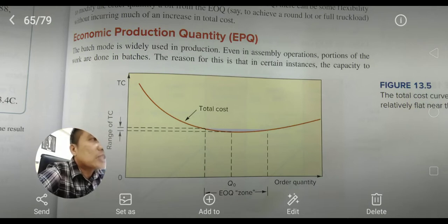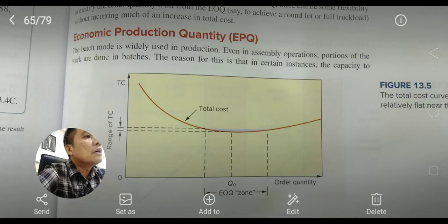Yung EOQ kasi is ordering, when you order from a vendor. Ito namang model na ito is when a company is producing in batches, meaning that inventory is, nabubuo yung inventory through production. Okay? Now, this works with companies that deal with work in processes na ginagamit nila for production.